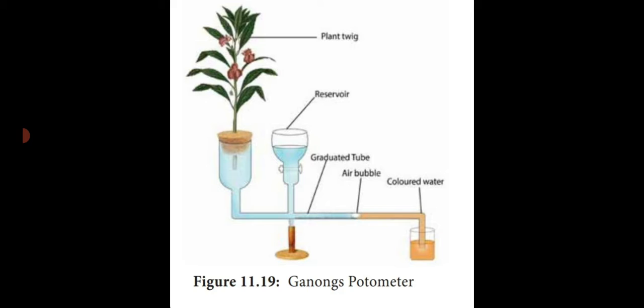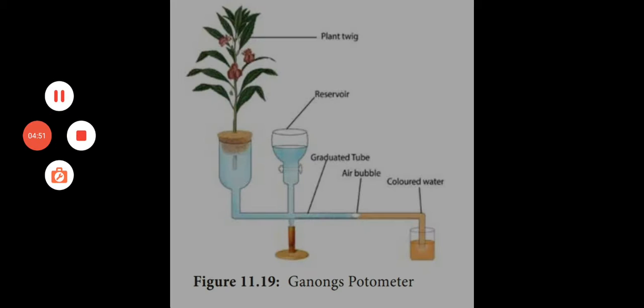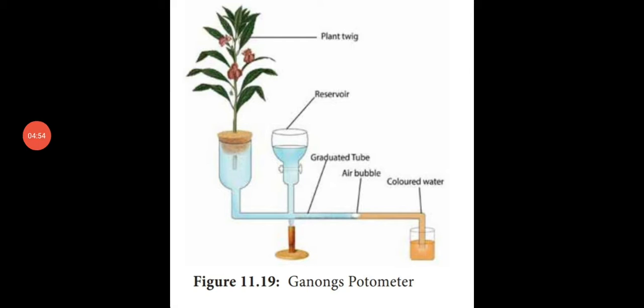After introducing the air bubble near the downward tube, the apparatus is kept in the sunlight for a few hours, that means a maximum of 4 to 6 hours.